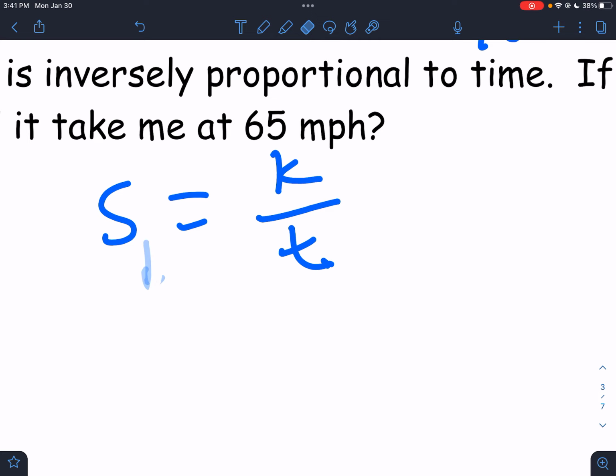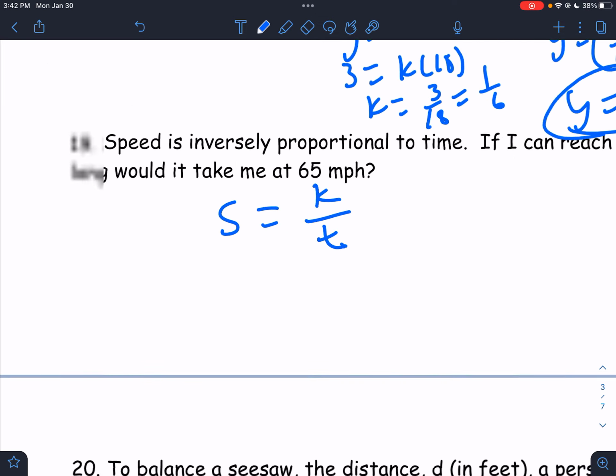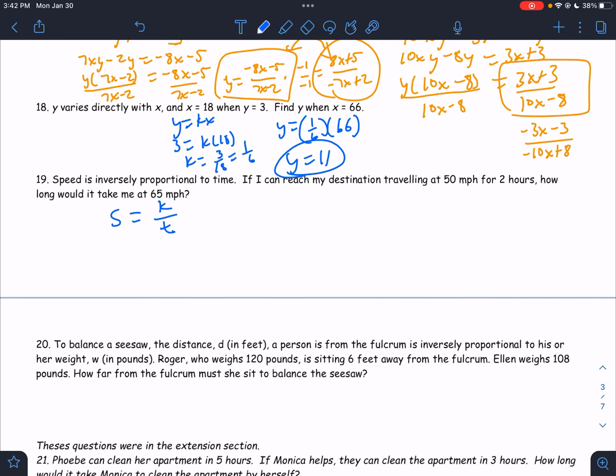That is inversely proportional. If I can reach my destination traveling 50 miles per hour, that's a speed, for 2 hours, that's a time. So K is 100. How long would it take at 65? So 65 miles per hour would equal 100 over T. So T would equal 100 over 65.